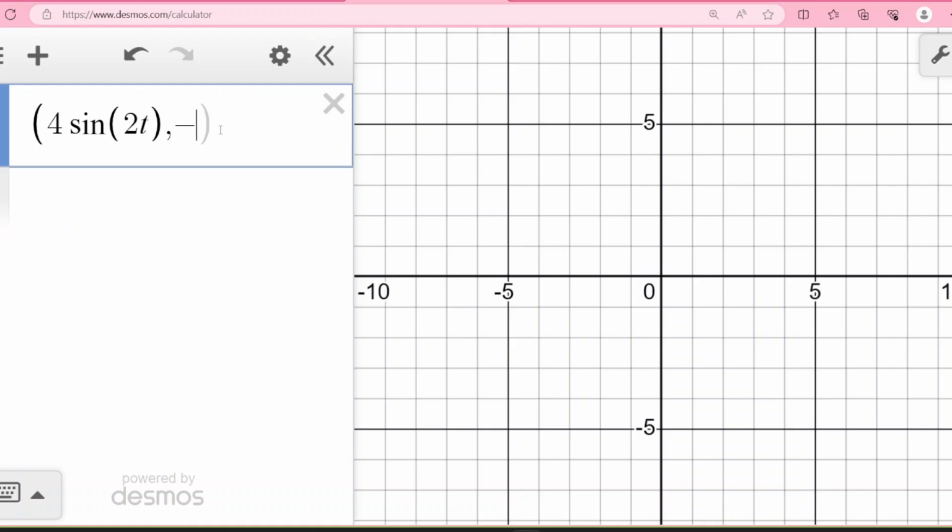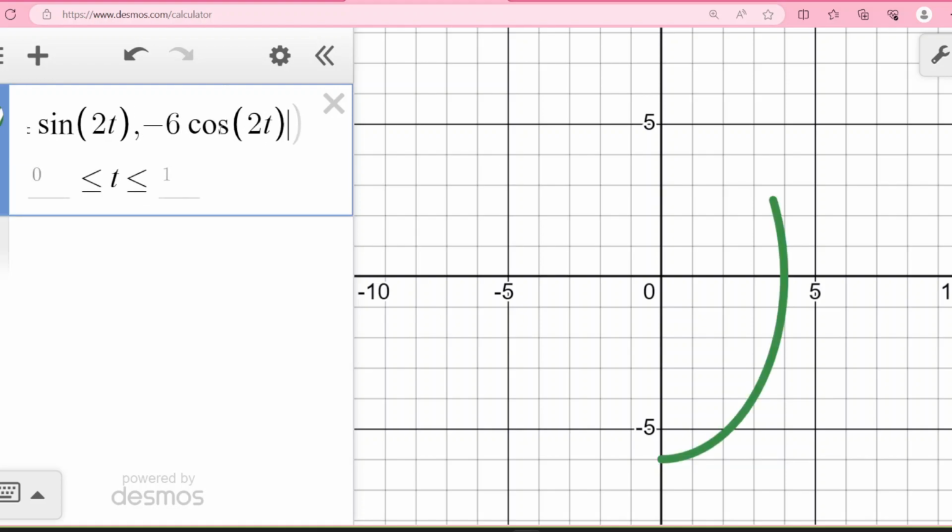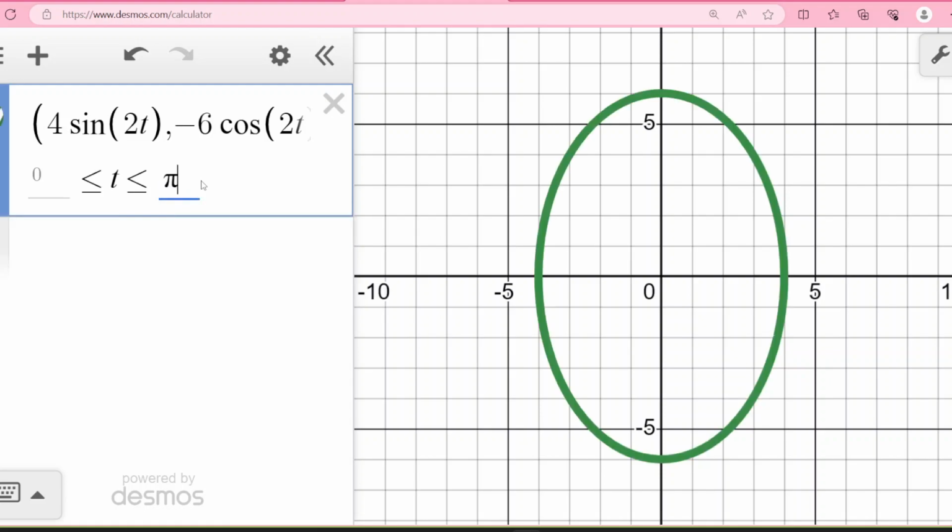And then y was -6 times the cosine of 2t. And remember I said this is going to be an ellipse. And to have this go all the way around, sine 2t and cosine 2t both have a period of pi. So from 0 to pi should take me through the entire graph. And there you go. Here's this ellipse that I mentioned.